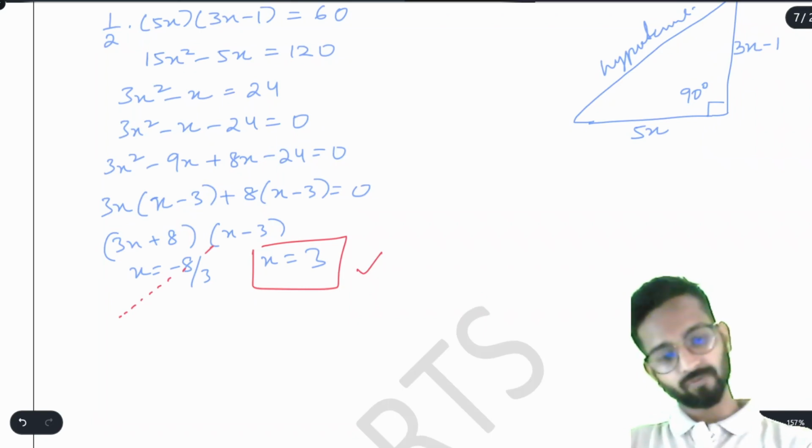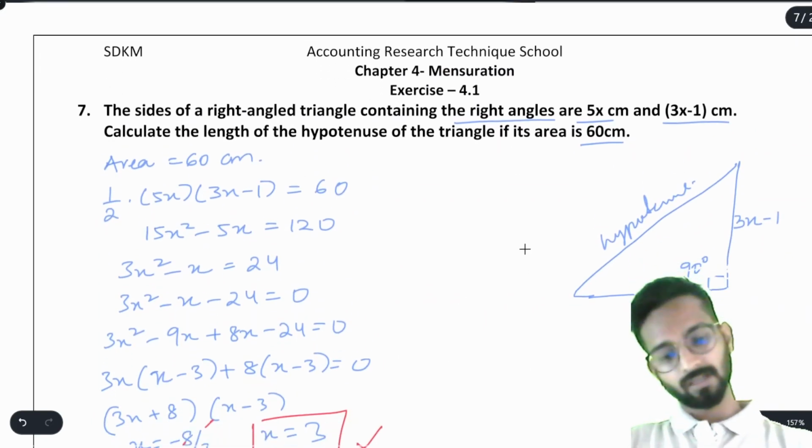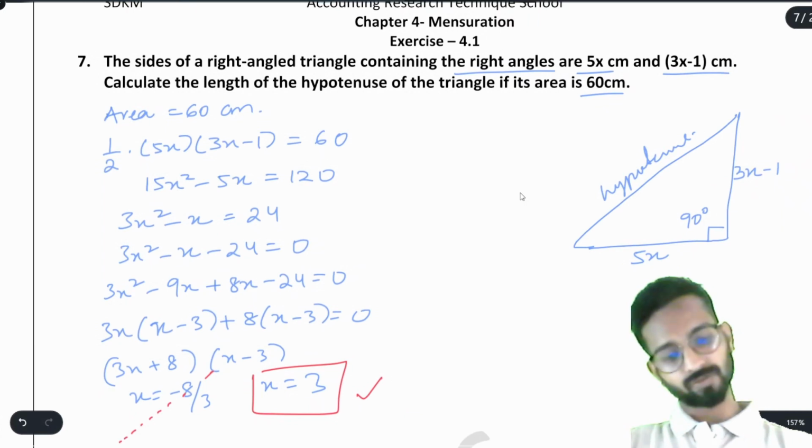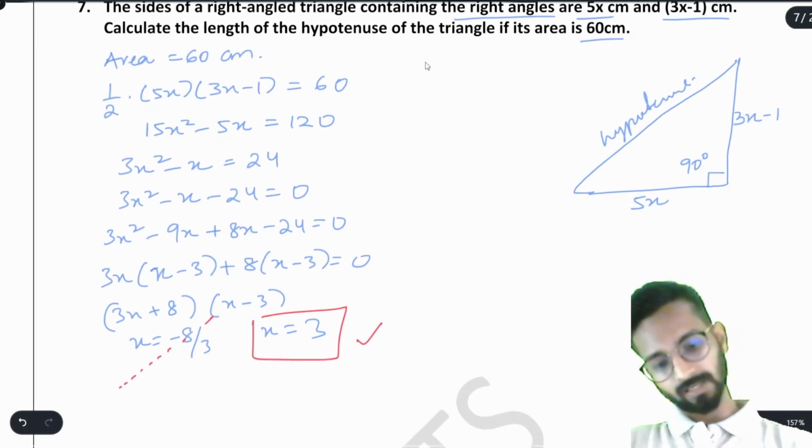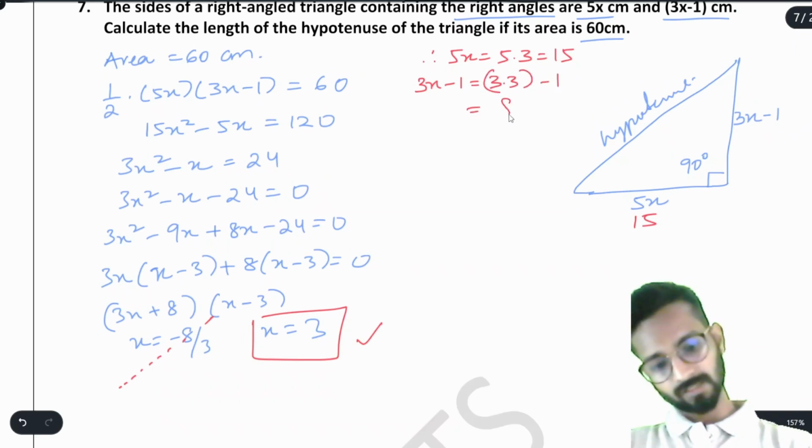But what we have to find, check the question again: calculate the length of the hypotenuse. So 5x is equal to 5 into 3, 15. 3x minus 1 is 3 into 3 minus 1, that is 8.